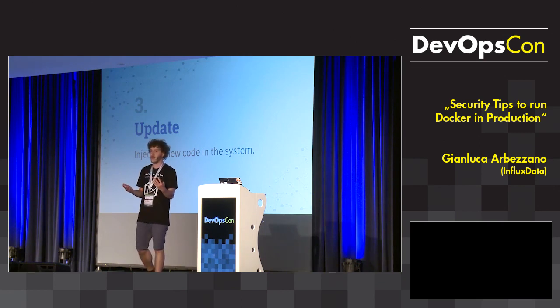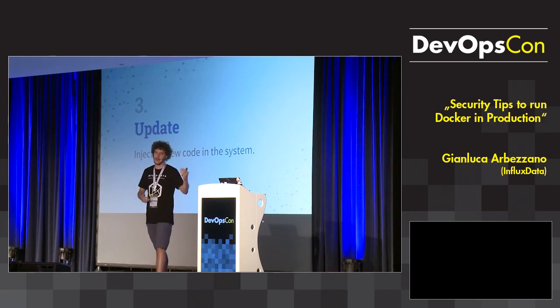The new code usually comes from an external repository, it can be GitHub, or a Docker registry, or Ubuntu packages, or Gem, or a Maven repository. It's something that comes from outside to your server, and who knows where it comes from and what it contains. That's a problem.